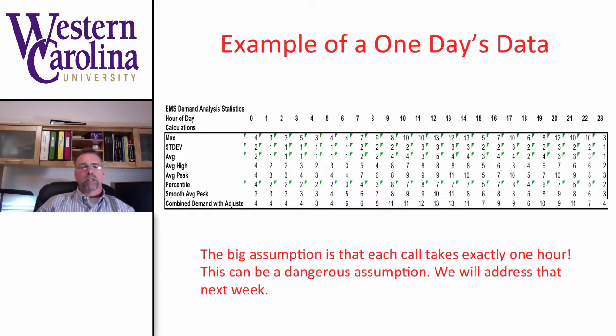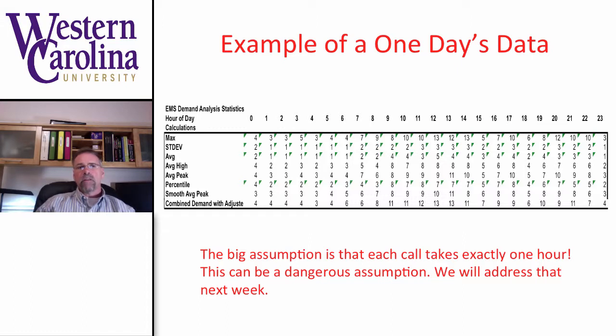Here's an example of what that may look like again for each of the 24 hours in a given day. And again, you would have 7 of these, one for each day of the week. Again, remember that a big assumption that's included with these calculations is that each call takes exactly 1 hour.